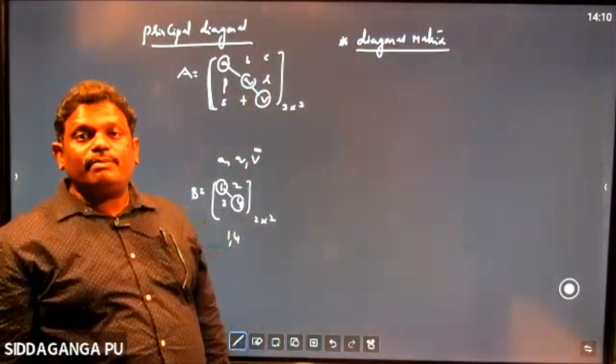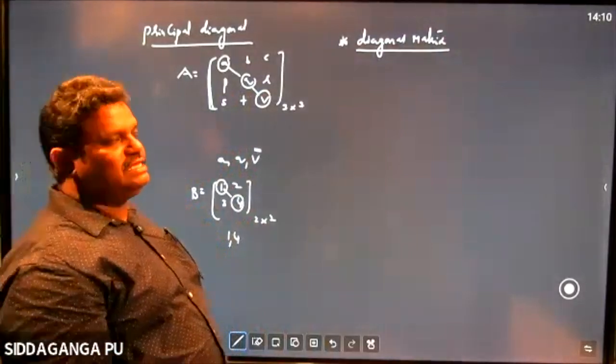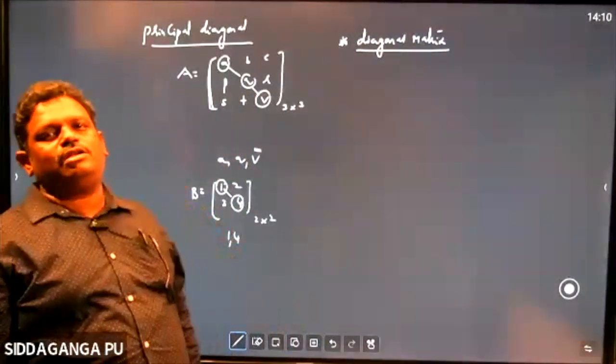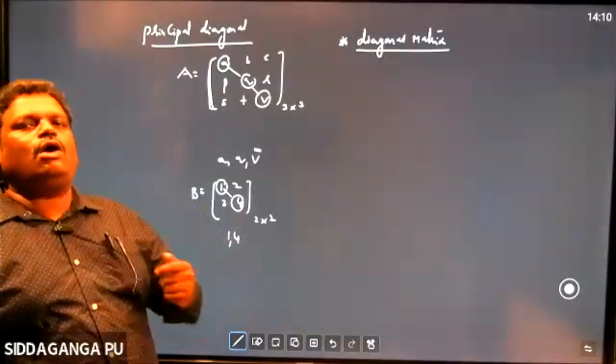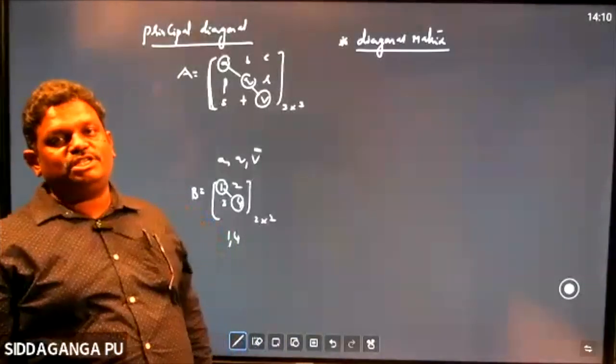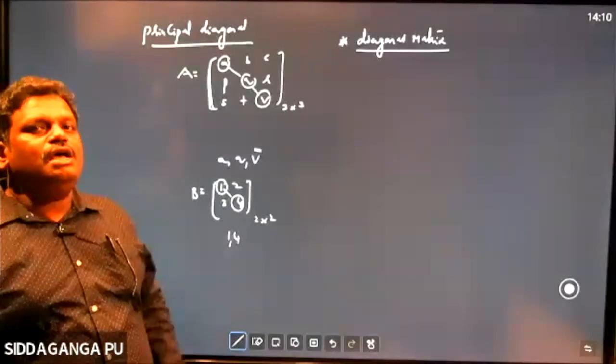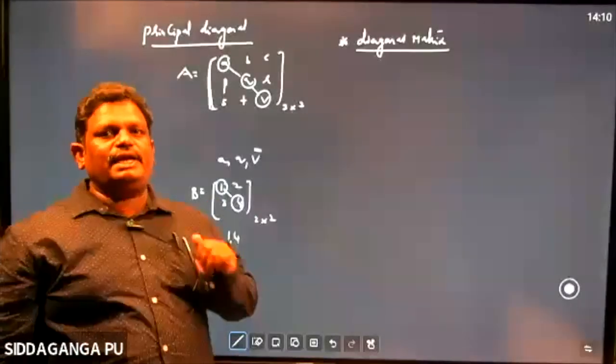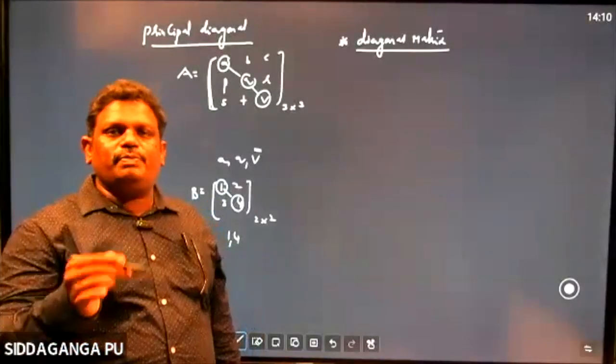A square matrix capital A is said to be a diagonal matrix if all its elements outside the principal diagonal are zeros. The elements in the principal diagonal may or may not be zero.